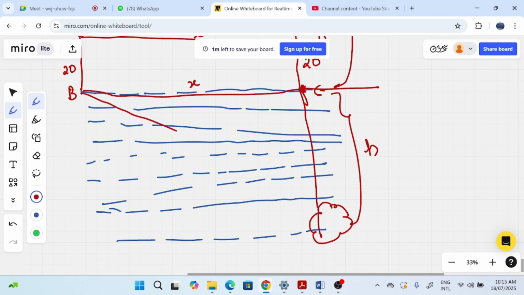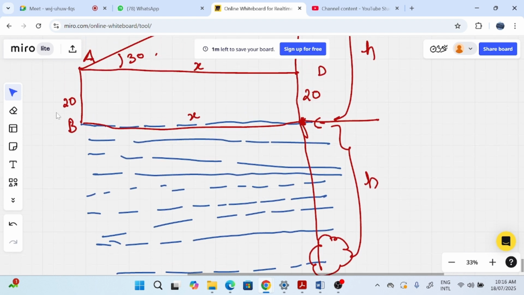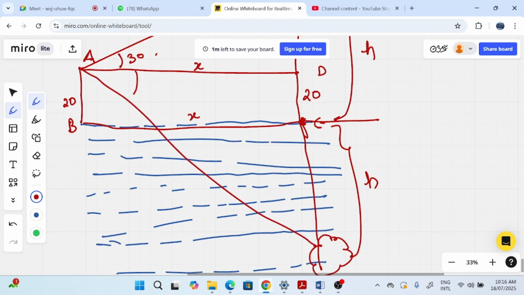Now this one, when he is looking at the cloud from here, the angle of depression, oh, not from B, sorry, it's from A. This is 60 degree.